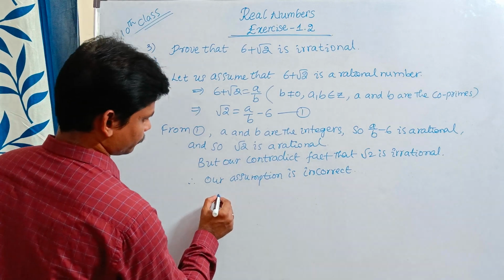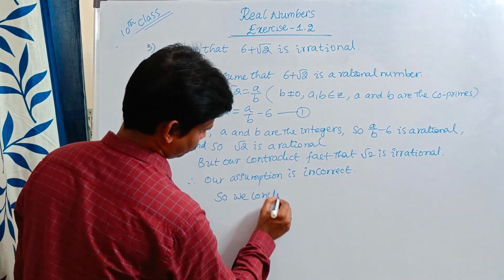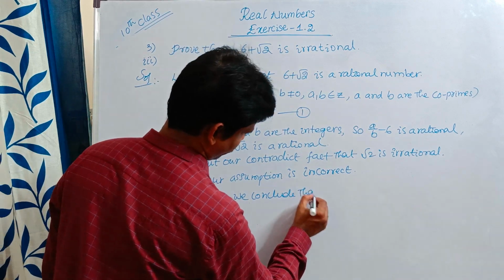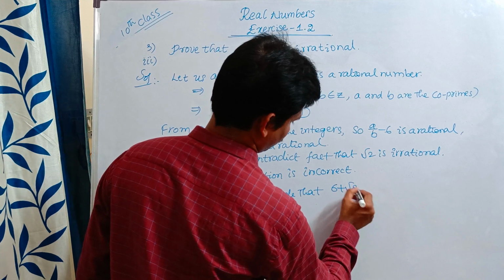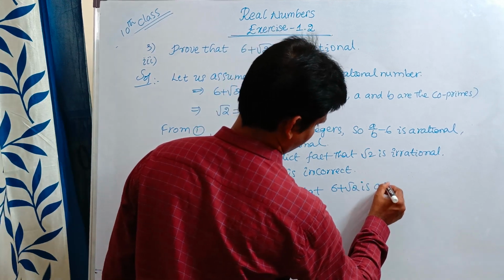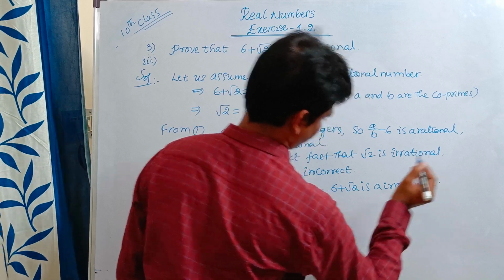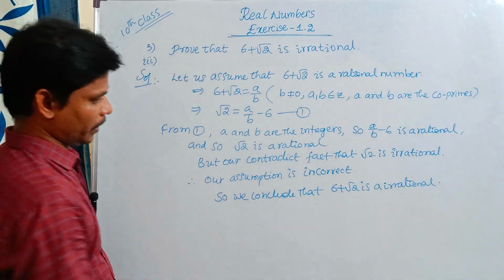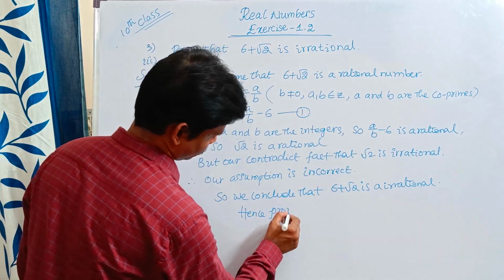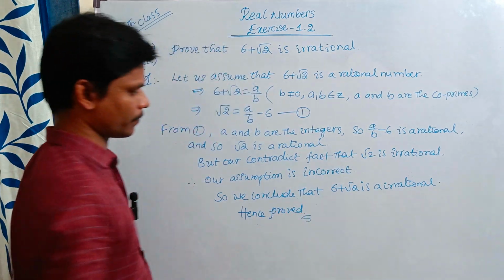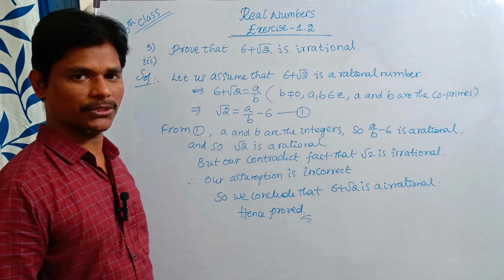So therefore we conclude that 6 plus root 2 is a irrational. Okay. Hence proved. So this is about the third question.